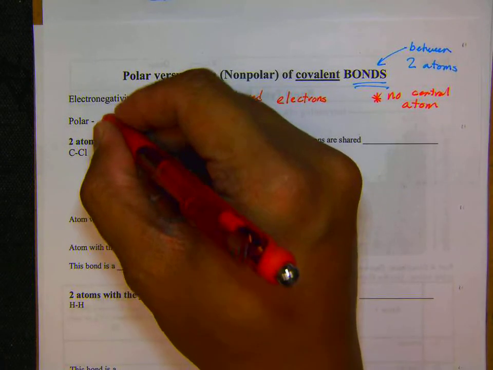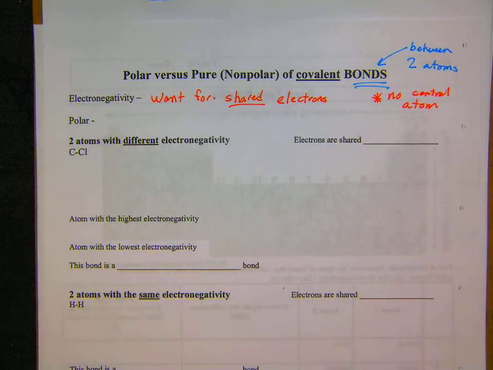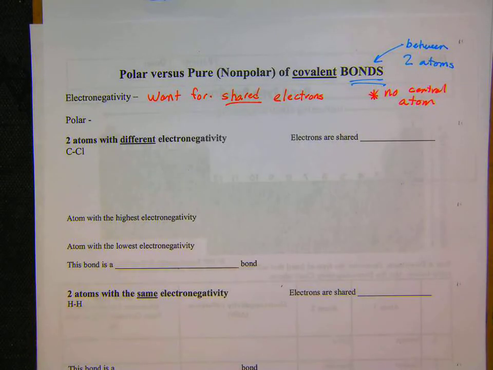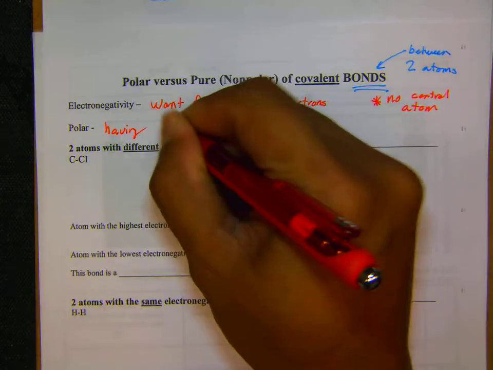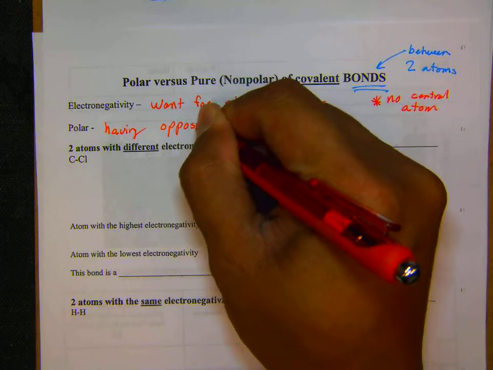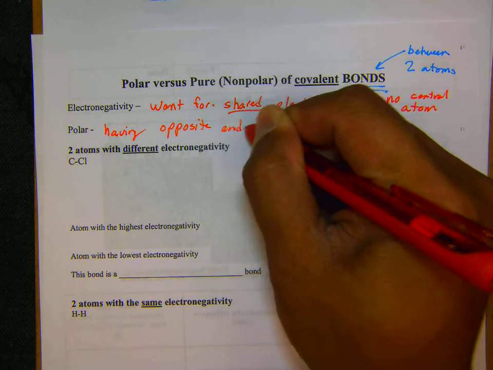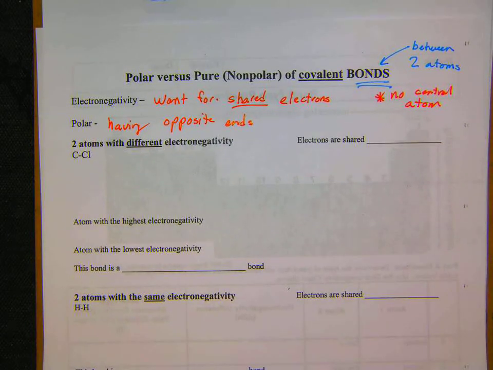And again, polar means, in 4 words, having opposite ends.